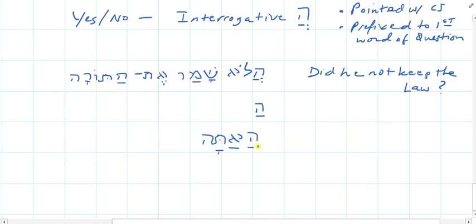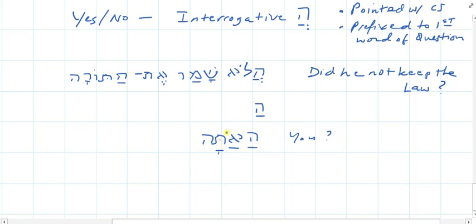And if I want to say ha'ata, then it's going to be pointed with the full vowel here. Now let's erase that and just leave the patach there, and there we go. Okay, so ha'ata would be translated as "you?" right? And the answer would be yes or no. Ha'ata.